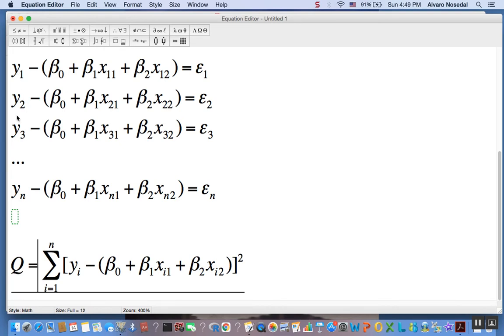This would be the vector y, and what you have here is the same as x times beta, where x is the design matrix and beta is the vector of parameters.